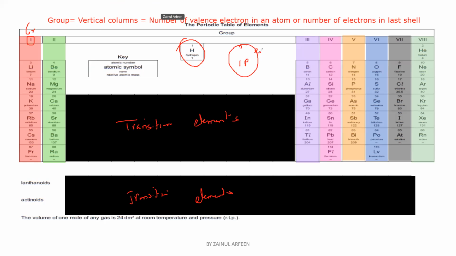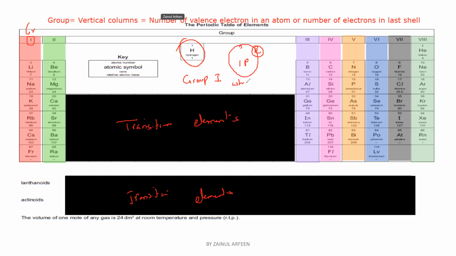So the number of electrons in the last shell represents the group number, and hydrogen has only one electron in the last shell, so hydrogen should be in group 1.